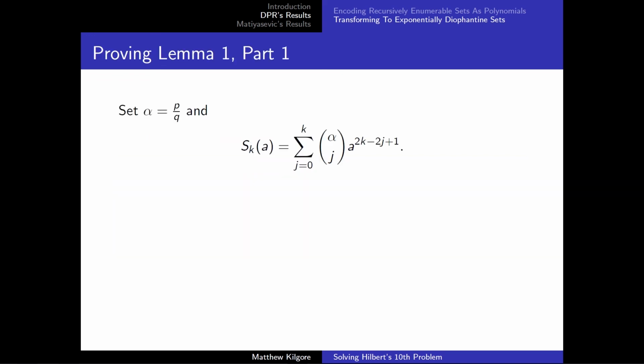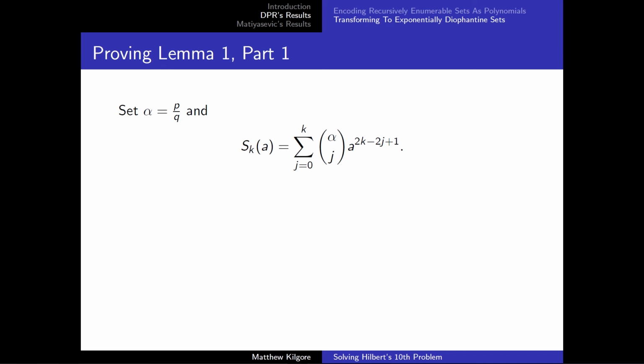To prove this, we'll begin by setting alpha equal to p over q and defining s sub k of a equal to the sum from j equals 0 to k of alpha choose j times a to the quantity 2k minus 2j plus 1.